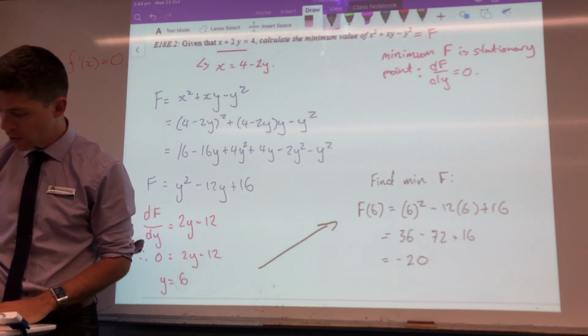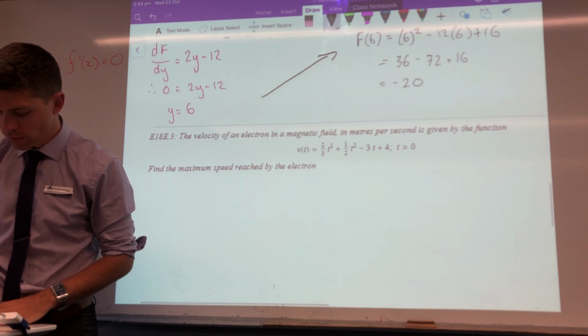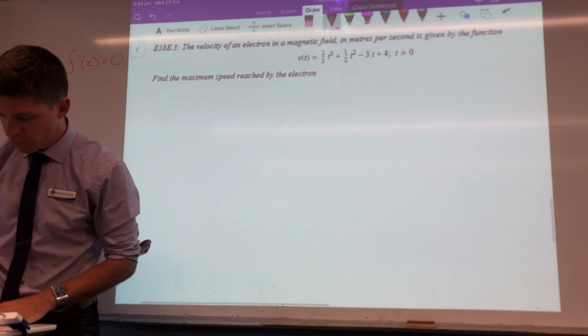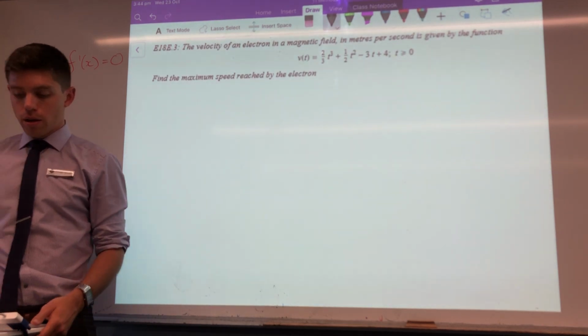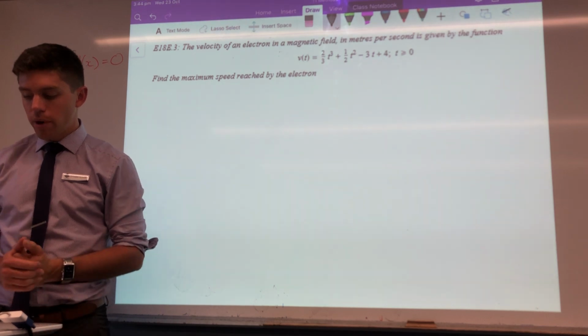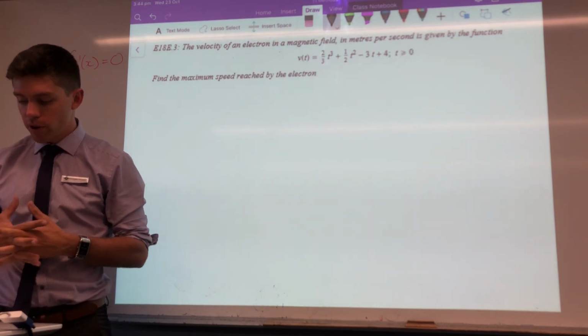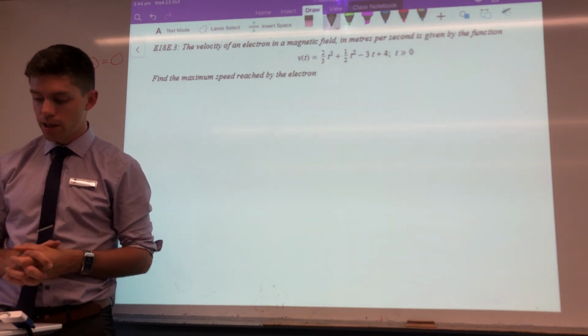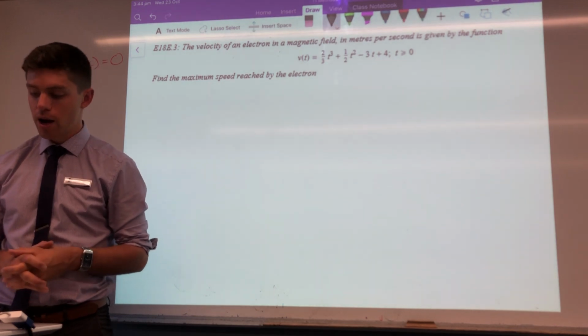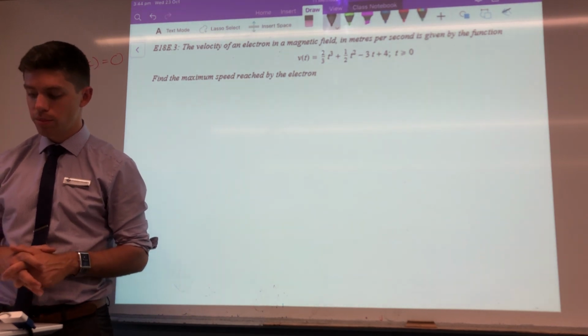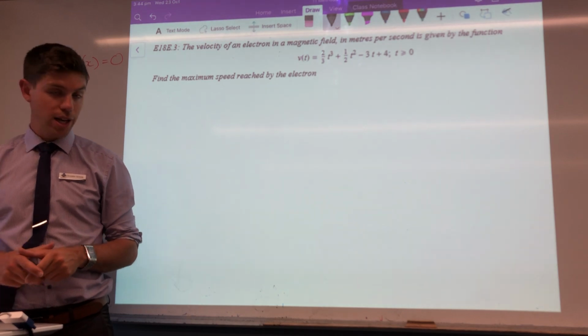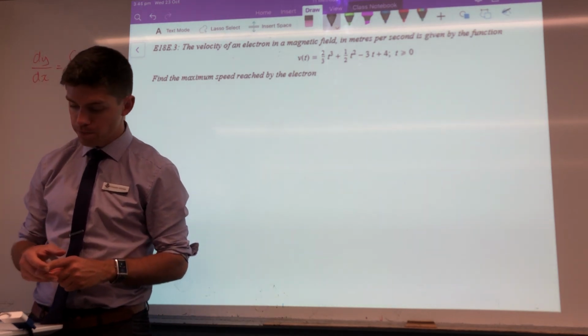Okay, let's look at one more example. The velocity of an electron in a magnetic field in meters per second is given by the function v of t equals 2/3 t cubed plus half t squared, take away 3t plus 4, given that t is greater than or equal to 0.